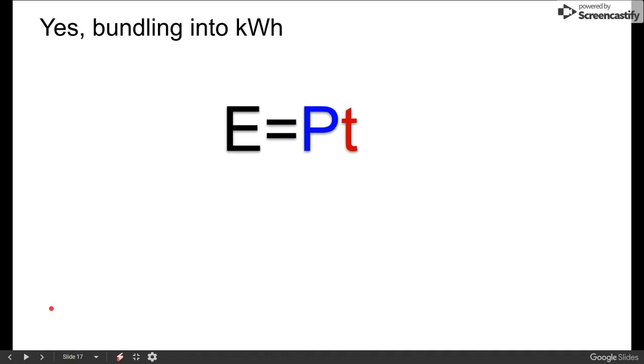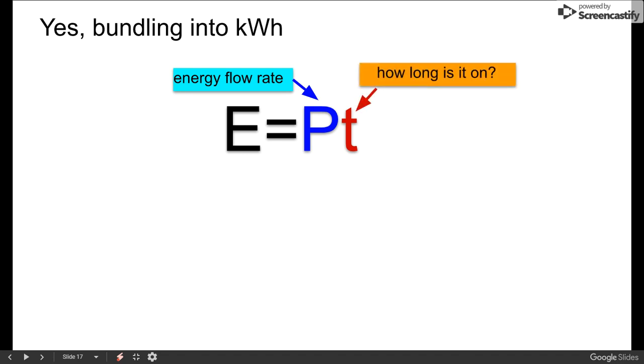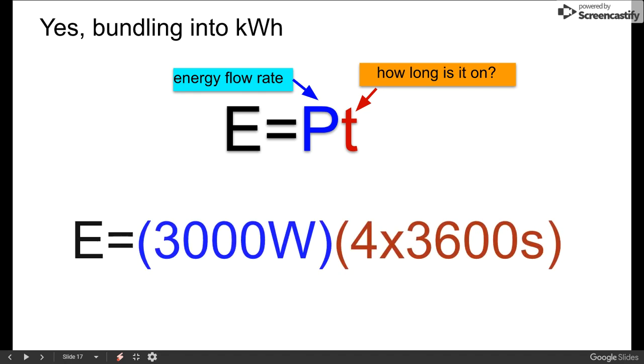Given the formula for energy, there's our rate of flow, joules per second. That is how long it is on. You combine the two and you get your total energy. So a 3,000 watt light bulb turned on for 4 hours would be 3,000 watts times 14,400 seconds. But instead, let's bundle it.